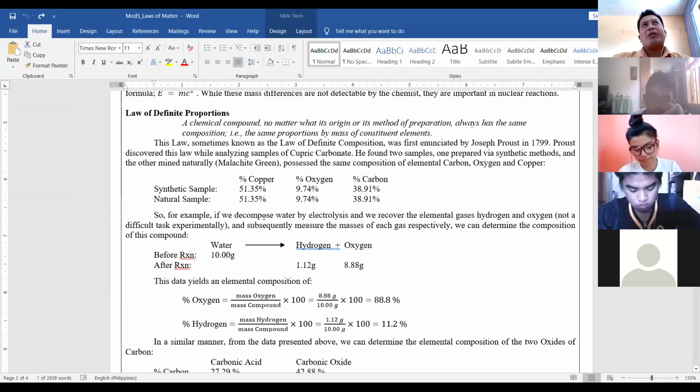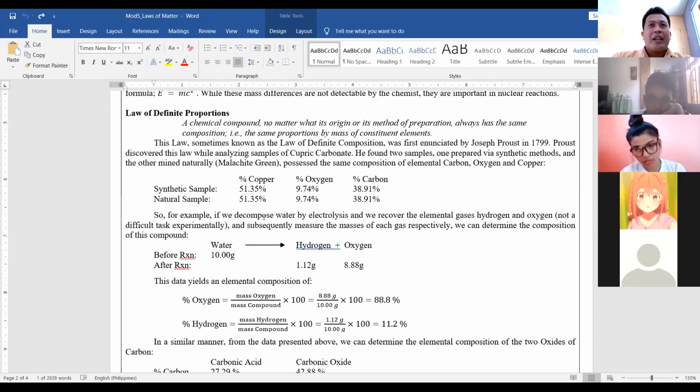Perhaps we don't cater much to the idea that there are other additives aside from the element itself. But when we get the percentage composition of that element present in the said compound, it will always end up with the same percentage composition.